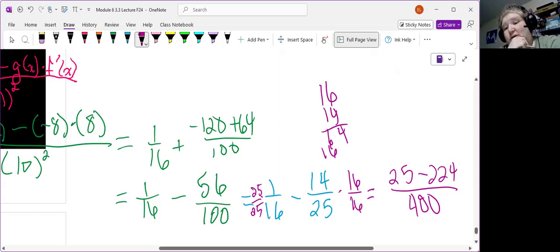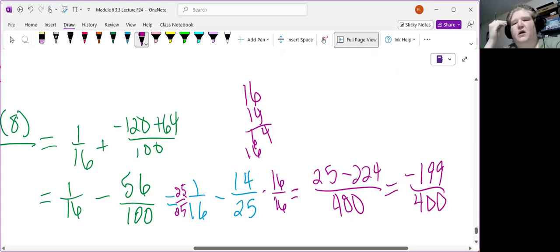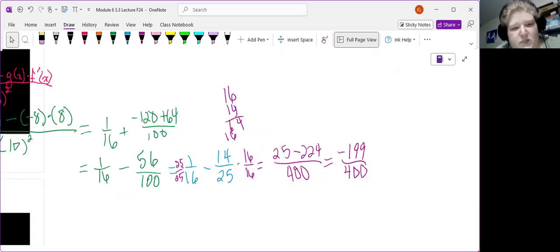All right. So we're going to get negative 199 over 400. And this should be the moment where you say, I am so grateful for my calculator and not having to do this stupid thing by hand. As long as you're comfortable getting your calculator to spit out the fraction, it's worth it.